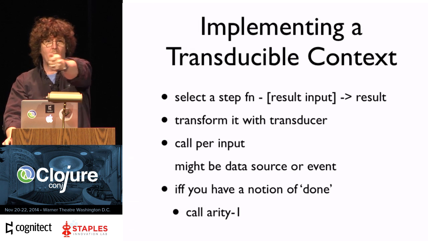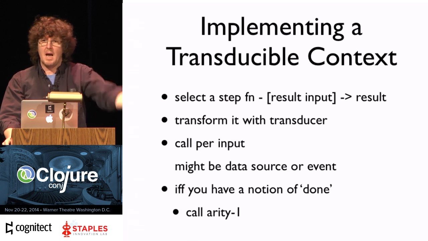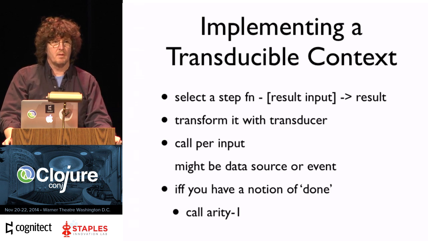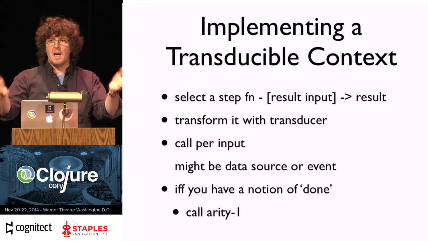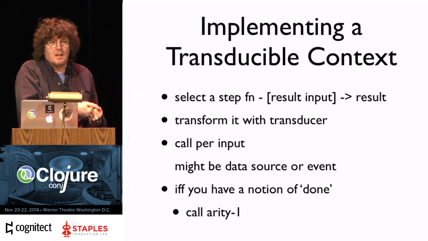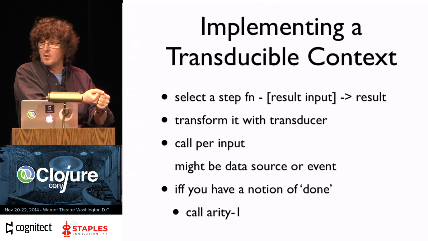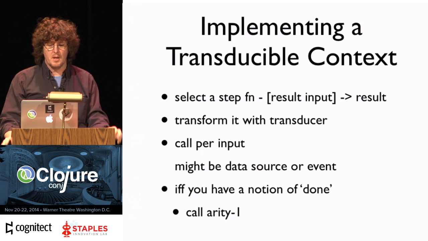Which means you do not want more than one person to have that. Which means you should never hand it to somebody else. You should never hand a transduced reducing function around. Which means all transducible contexts should accept a transducer, and inside them, you call the transducer on the step function and make the transformed step function. And you just keep that to yourself.